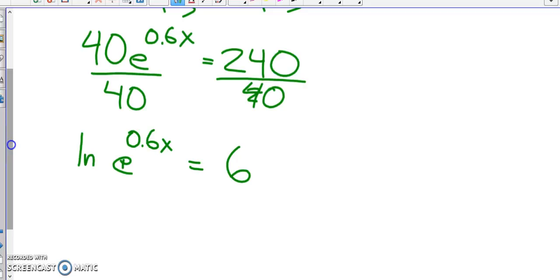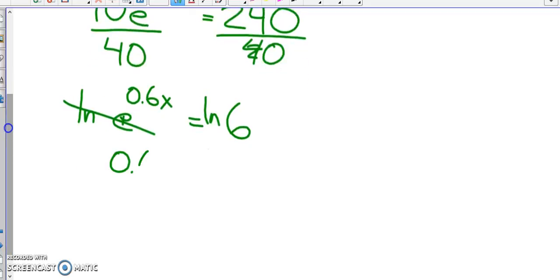So I take the ln of this, I take the ln of that, and ln and e to the power cancel, because they have the same base. So how do I finish?